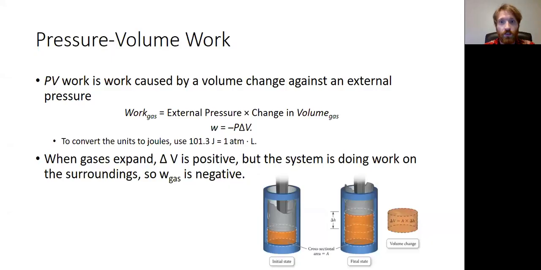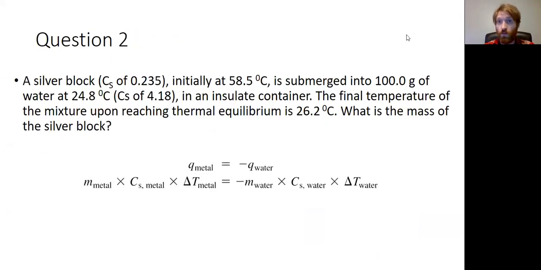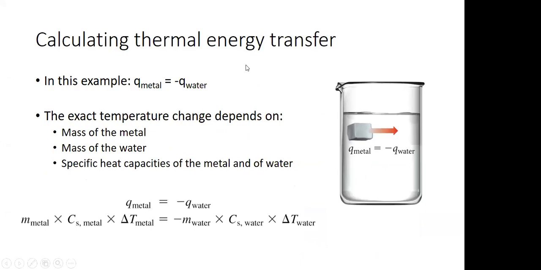All right, so what we ended on Wednesday is that we were talking about this idea of thermal energy transfer. And we were looking at the equation where heat, this Q, equals mass of our object, the specific heat capacity of our object, multiplied by the change of temperature of our object.